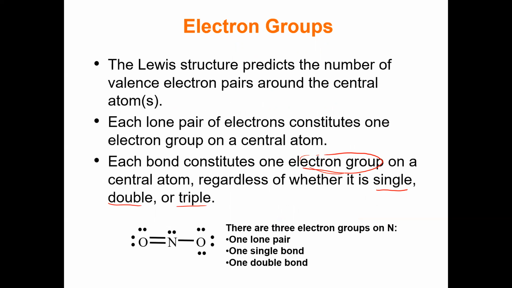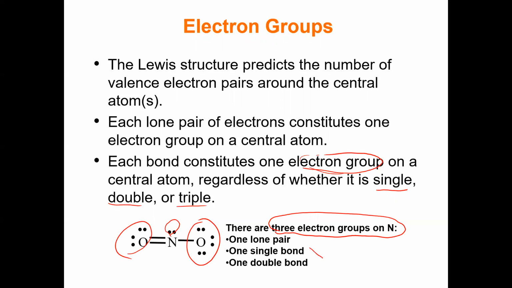So in this example of nitrogen dioxide, we see that there are actually 3 electron groups around the central atom of nitrogen. So one group is a lone pair. So there's my one group. The other group is the oxygen that has just a single bond, and the third group is the one with a double bond.